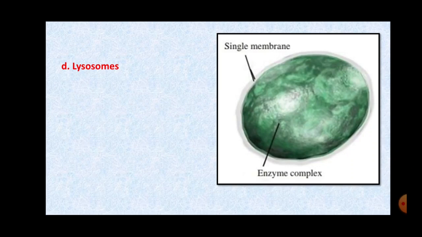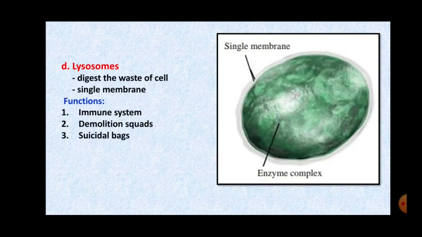So it improves the immune system of the cell also. And whenever there is no food for the cell, that time these lysosomes, they digest the stored proteins and fats. So these are all the functions of the lysosomes.